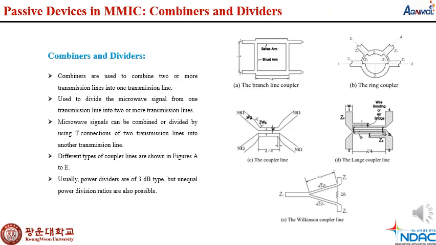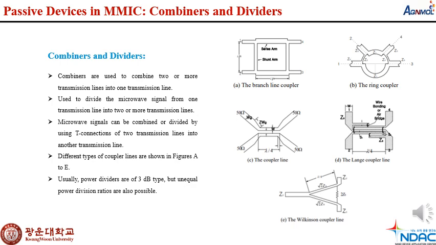Here are two more important passive devices, combiners and dividers. We can see some diagrams of these combiners and dividers. The combiners are used to combine two or more transmission lines into one transmission line, and the dividers are used to divide the microwave signal from one transmission line into two or more transmission lines.